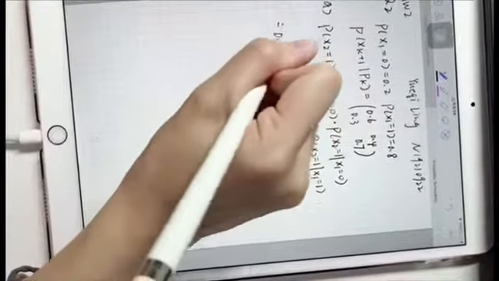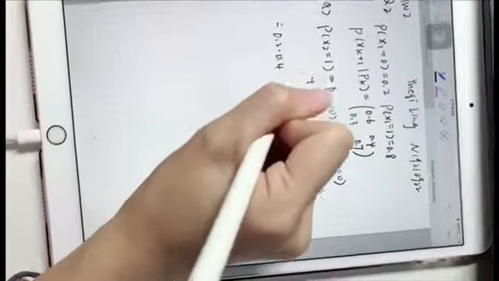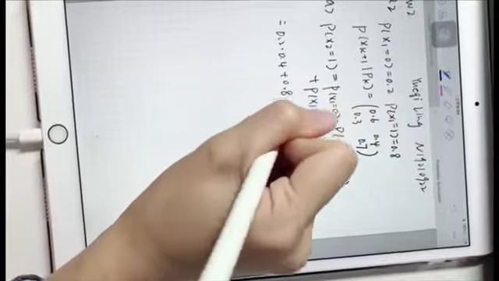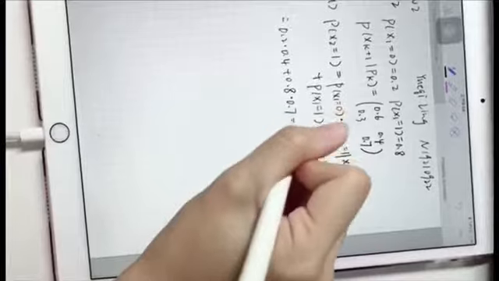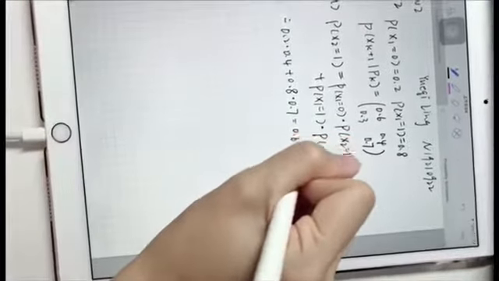That can be 0.2 multiplied by 0.4 plus 0.8 multiplied by 0.7. Now we can get the answer.